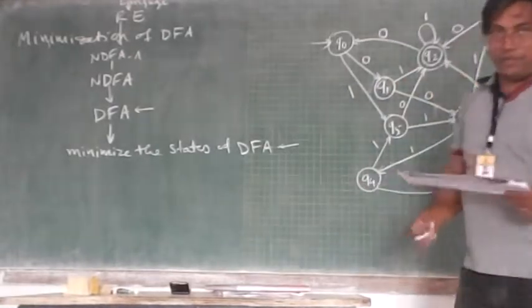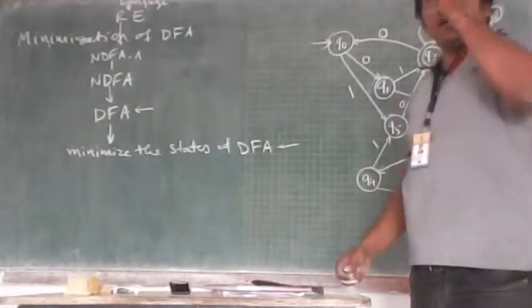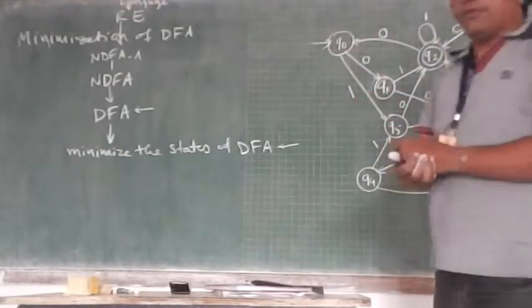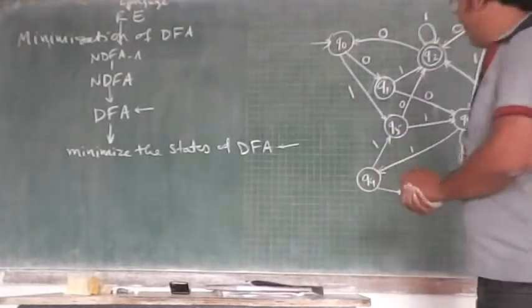So check it out, for every state there should be one transition for 0 and another transition for 1.